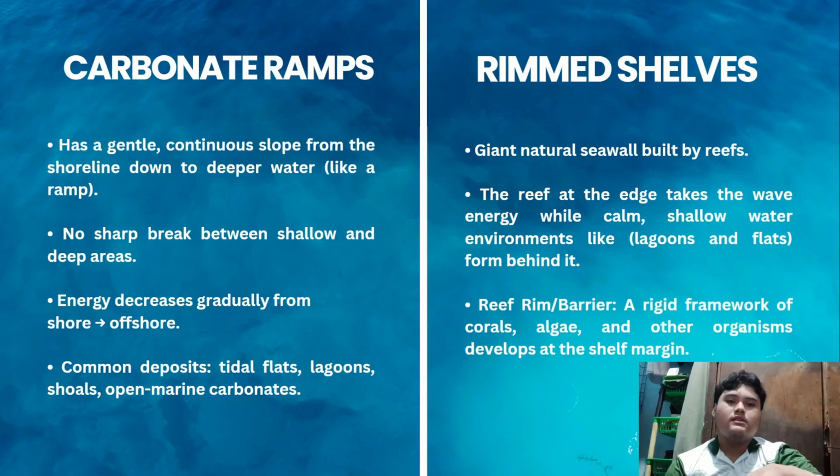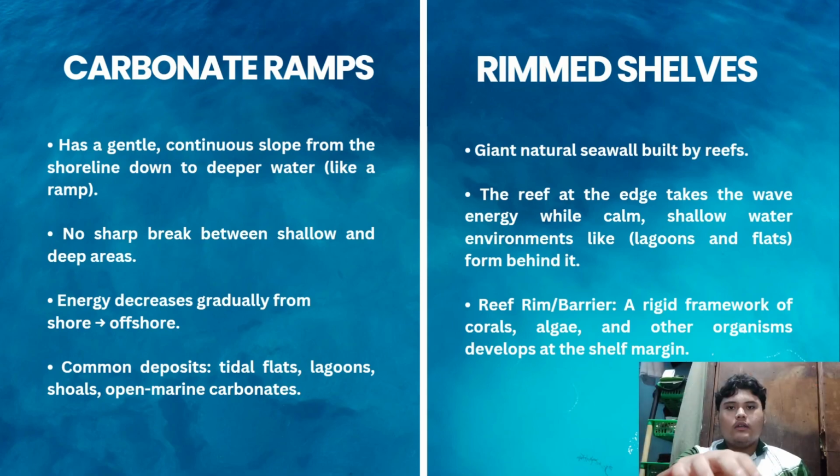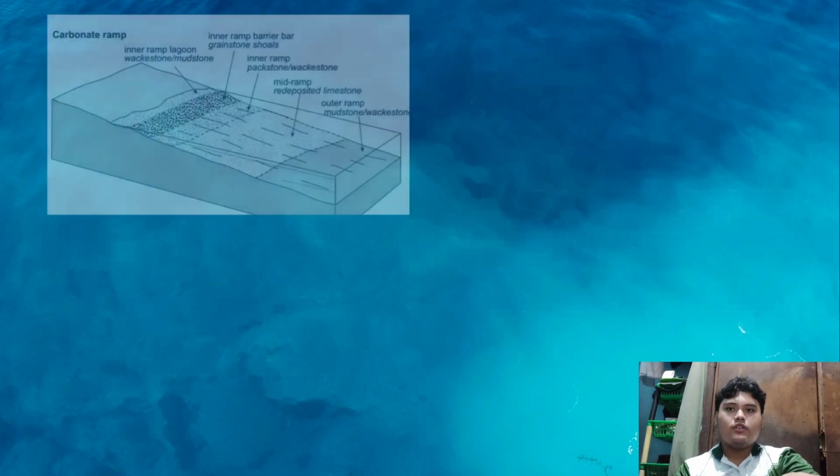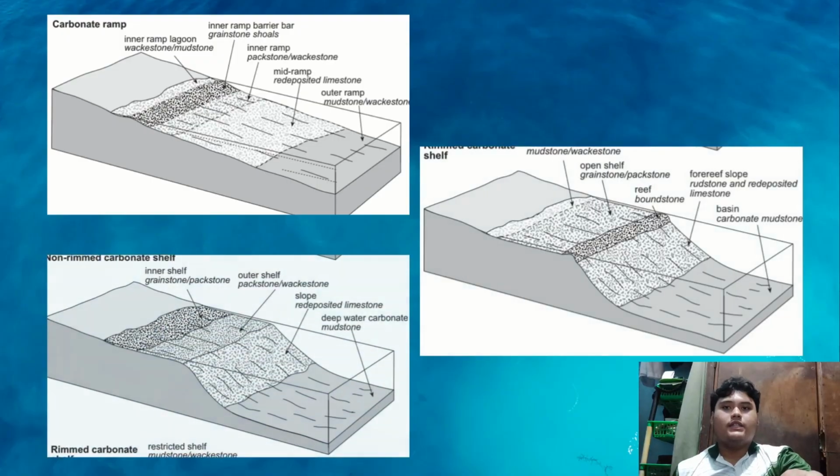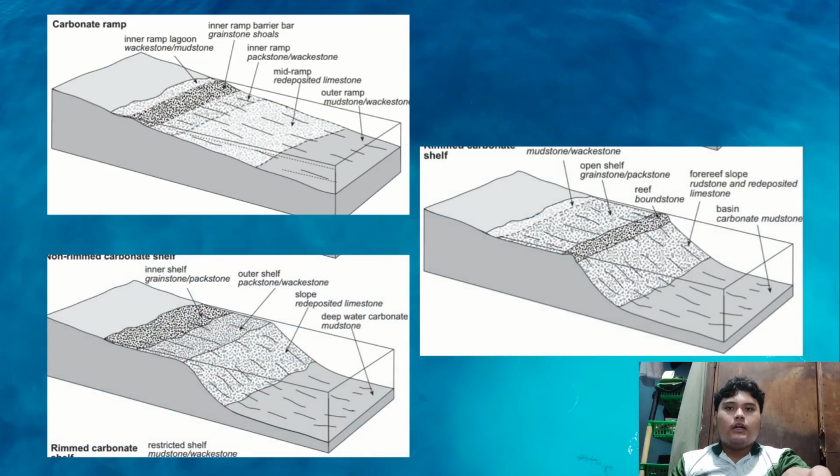So this is the difference between the carbonate ramp and rim shelves. Here on the next slide are shown three types of carbonate shelves: a carbonate ramp, a non-rimmed shelf, and a rimmed shelf.